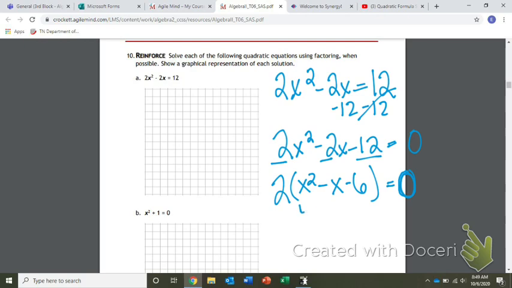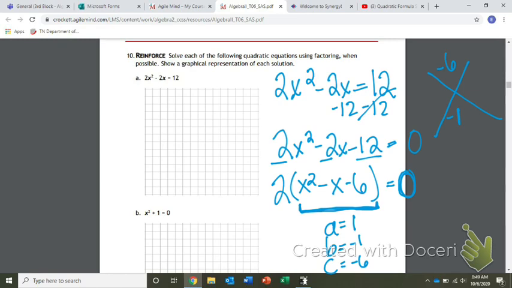Now, here's the quadratic equation. I'm going to use the big X. B goes in the bottom. A equals, B equals, and C equals. A is 1, B is negative 1, C is negative 6. So we have a negative 1 and a negative 6.